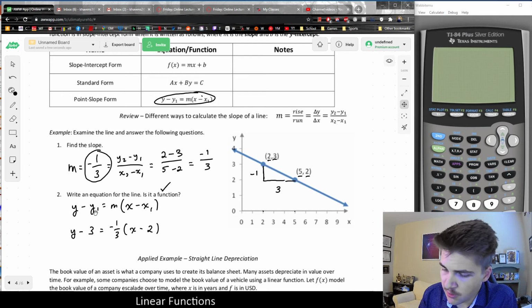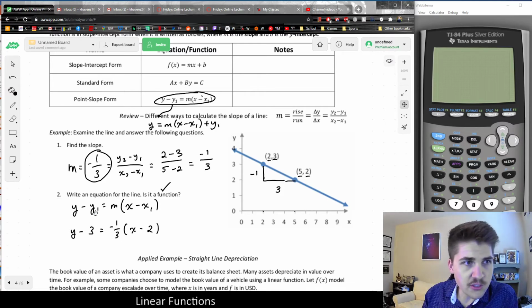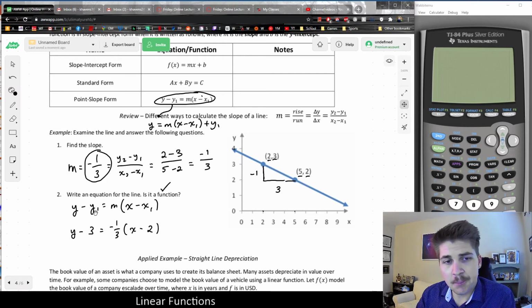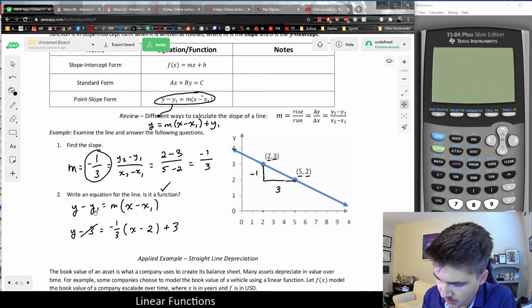So an alternate form sometimes you'll see for point slope form is y equals m times (x minus x1) plus y1, which is just a functional way of writing the point slope form as a function. So basically, add 3 to both sides, and that would give me a function.